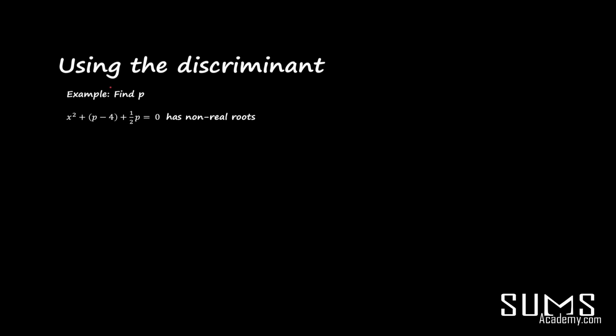So here is another example of using the discriminant. Here we're asked to find p, where x squared plus (p minus 4)x plus a half p equals 0 has non-real roots. When it has non-real roots, we know that the discriminant is going to be less than 0. So we need to think about our coefficients.